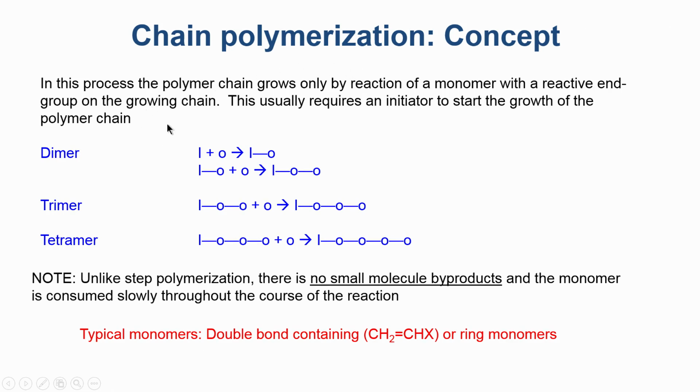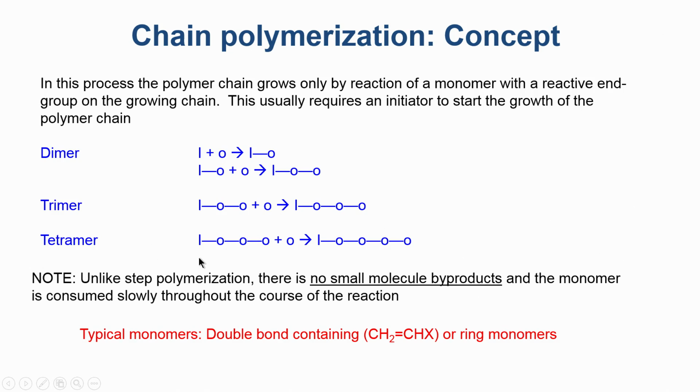You may have an initiator molecule that is highly reactive, and that initiates the growth of these polymer chains. An initiator molecule represented by I here will react with a monomer to form an IO, this IO will then propagate further to continue to react, and the chain will grow only in this uniform direction rather than any random combination of different reactants at that particular time.